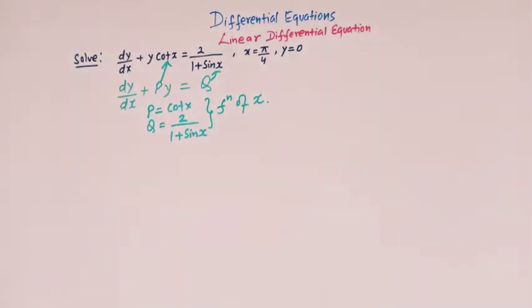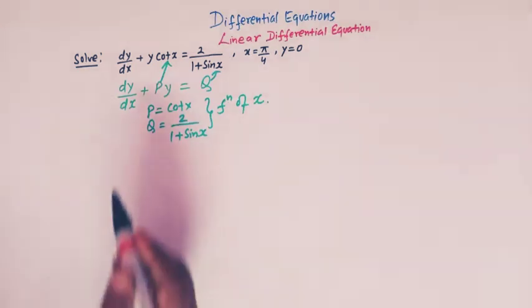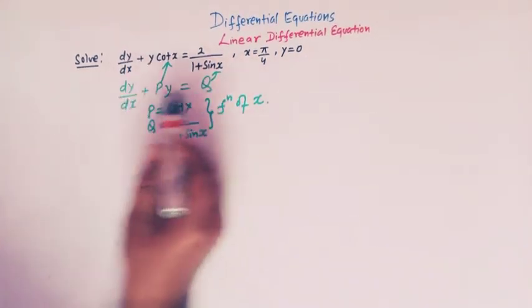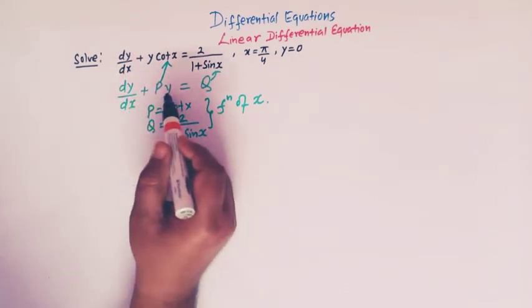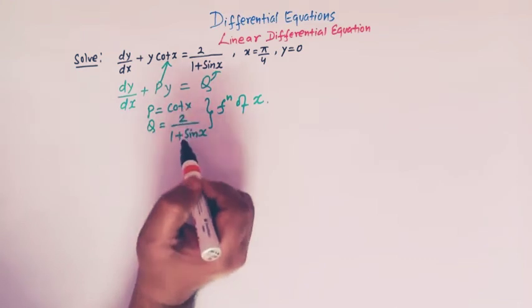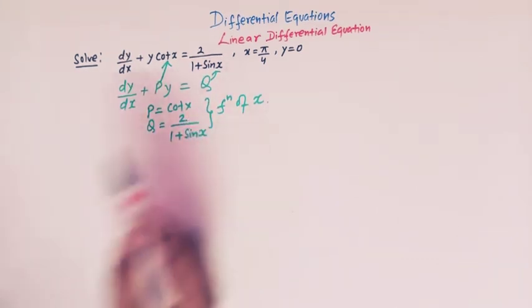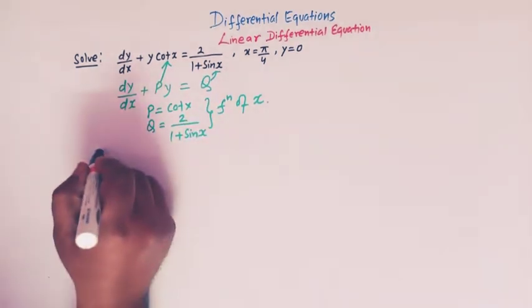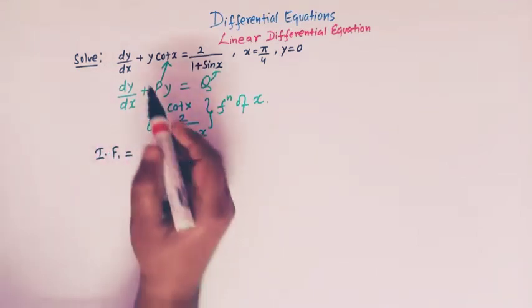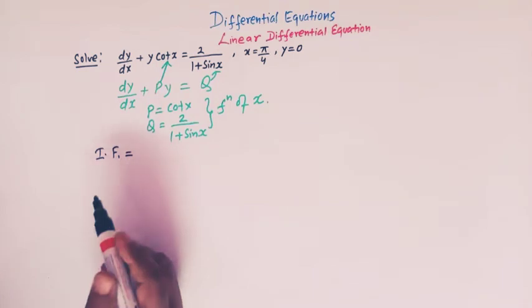So we have established that this given equation is a linear differential equation of the type dy over dx plus py is equal to q, where p and q are functions of x. Now we'll find out the integrating factor of this differential equation.